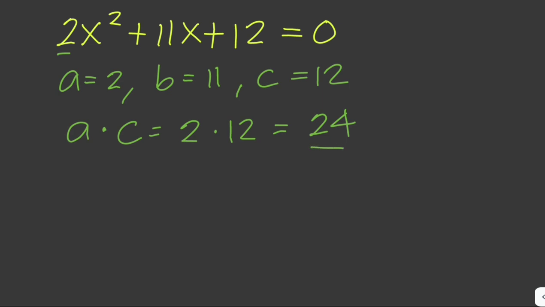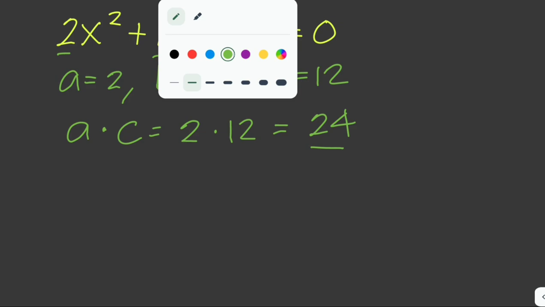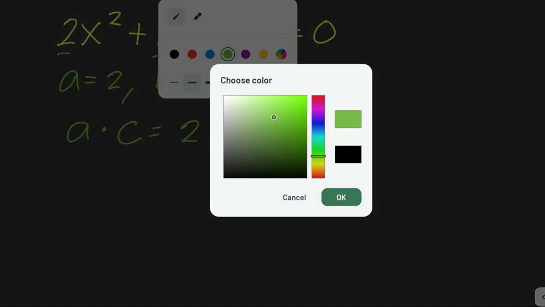So we look for factors of 24 that when we add them up, equal 11, which is the coefficient of the middle term.